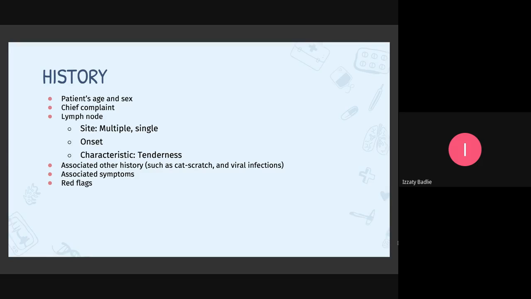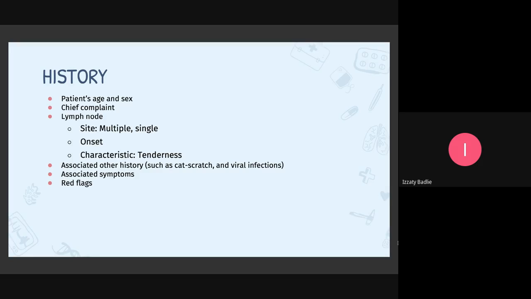And for the lymph node, we need to ask about the site, whether the parents notice multiple sites or a single site, and the onset and duration of the lymph node, because for TB it is chronic, right? For the characteristics, whether it is tender, warm to touch, and any redness.